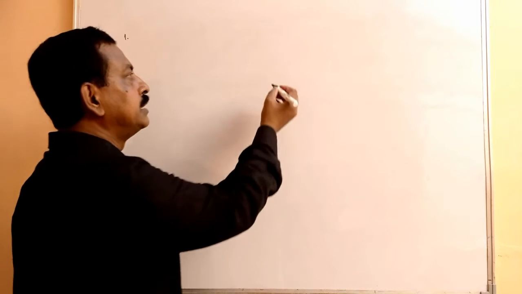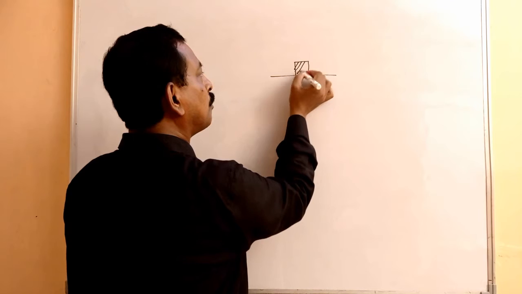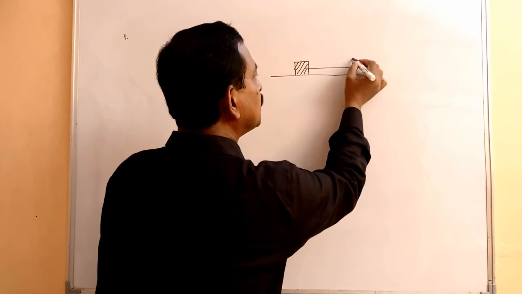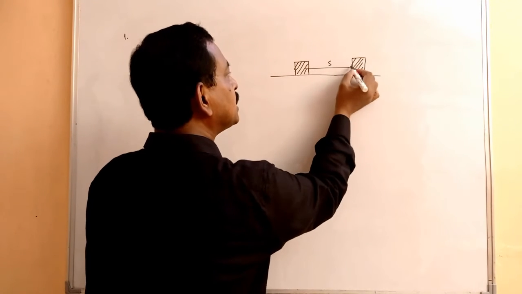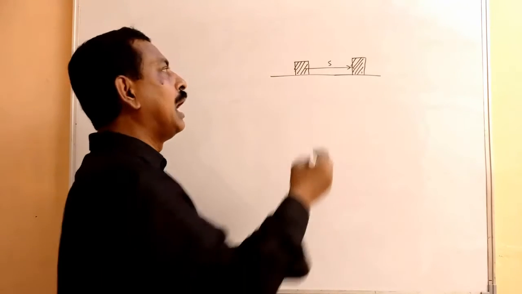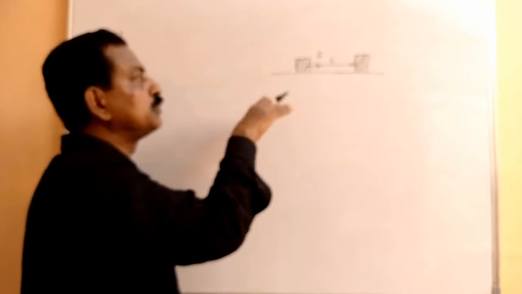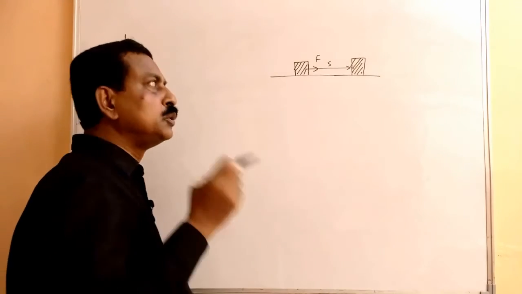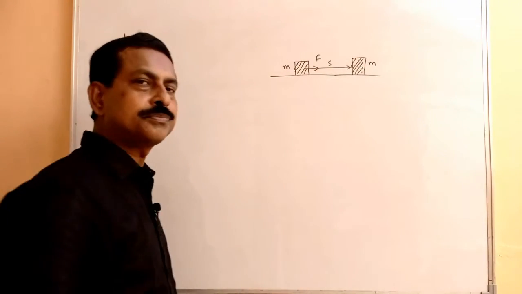Let's take the first question. Suppose there is a body of mass m, and this body is being displaced through S. So S is the displacement of the body, and we have applied a force F there. By applying a force, we have displaced the body through S, and this body has the mass m, we have assumed.